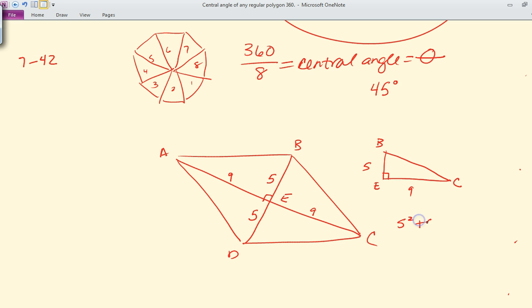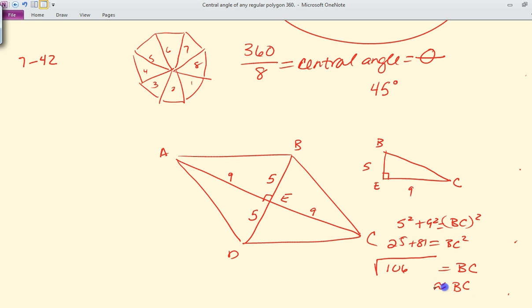5 squared plus 9 squared equals the length of BC squared. 25 plus 81 equals the length of BC squared. Square root of 106 equals square root of BC squared, which is BC.